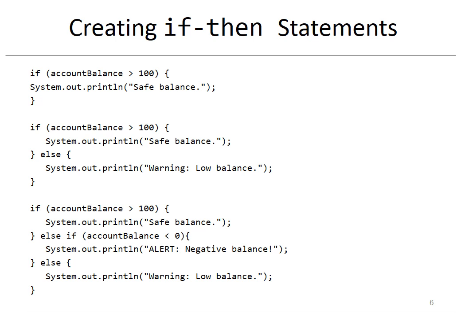The else keyword can be followed by a second if statement as shown in the third example. Suppose the balance is 80. What message will be displayed here? Well, you can just follow the branches of the if statements and you will see that the message printed is warning, low balance.